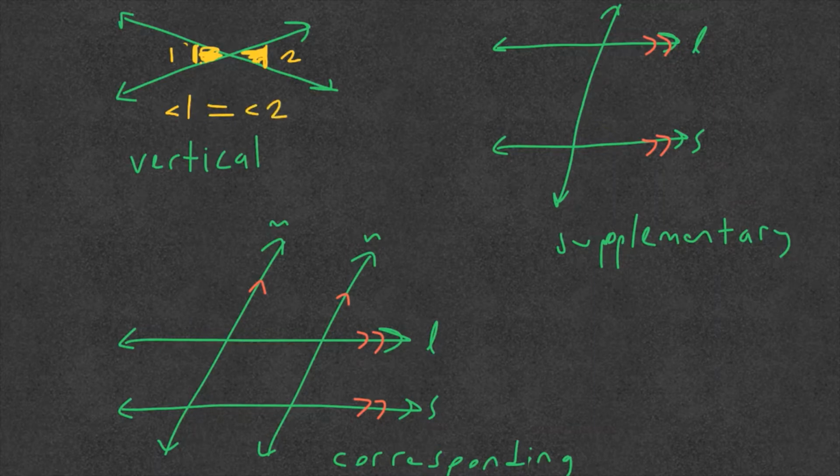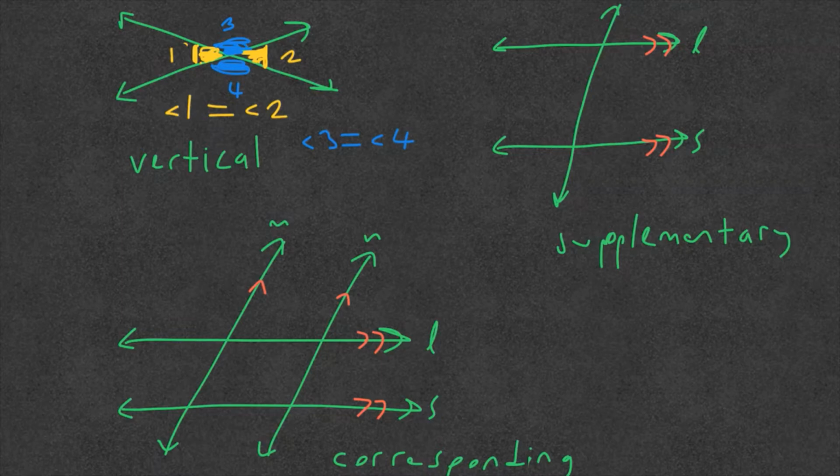It is the same for the other opposite angles. If this is angle 3, this is angle 4, we can say angle 3 is equal to angle 4. So this method is called vertical angles.